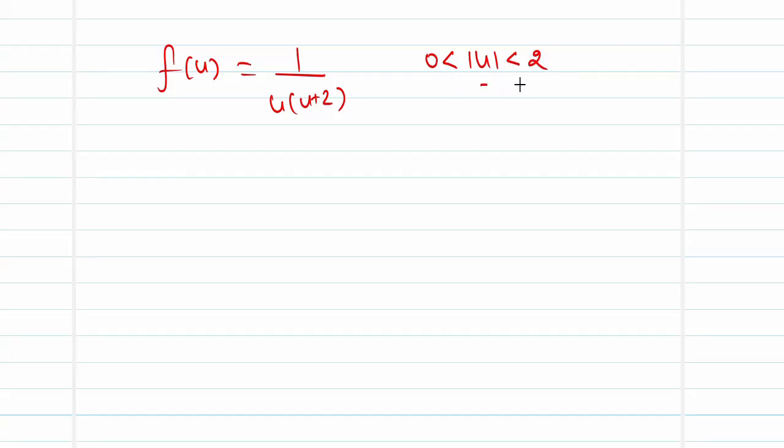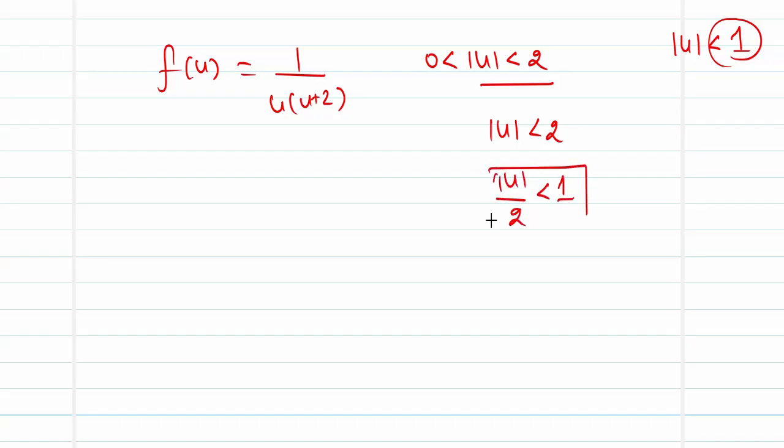Now I have modulus of u less than 2. We know that the series is valid only for modulus less than 1. So divide by 2 to make it less than 1 so that the series converges. Hence you have to pull out the 2 outside, so that the second factor becomes 1 plus u divided by 2.